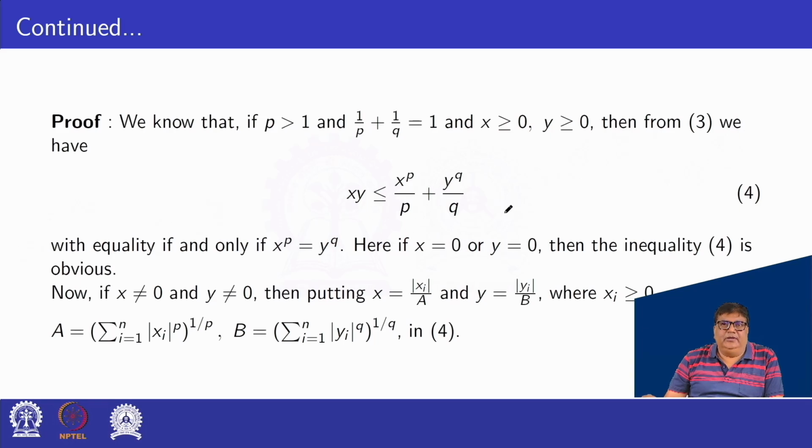So we can write from equation 3 as x into y less than or equal to x to the power p upon p plus y to the power q upon q, with the equality case if x to the power p is equal to y to the power q. Here if x is equal to 0 or y is equal to 0, then the inequality 4 is obvious.